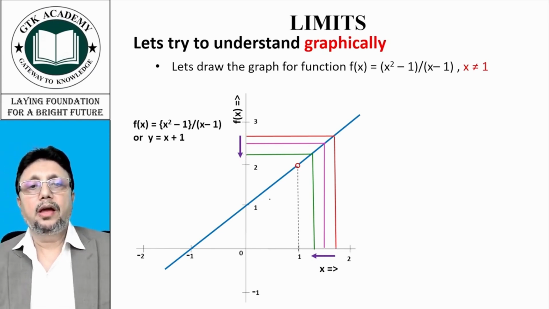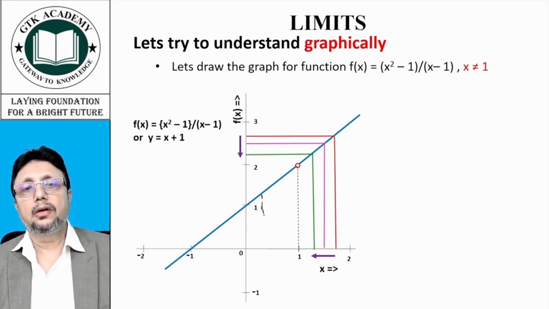Similarly, if you move towards left and you take this value left of 1, you will get value of f(x) like this. Move again from the left towards 1, you will get this value.